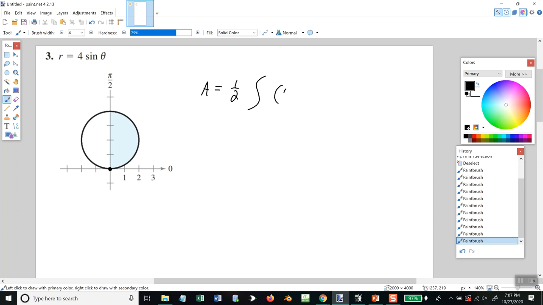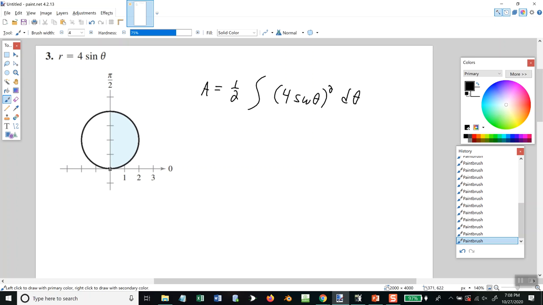So we'll have our function squared and d theta. The hard part really on this, I mean, the 1/2 is pretty mindless, and squaring this is pretty mindless. The one thing that's hard is figuring out these bounds.